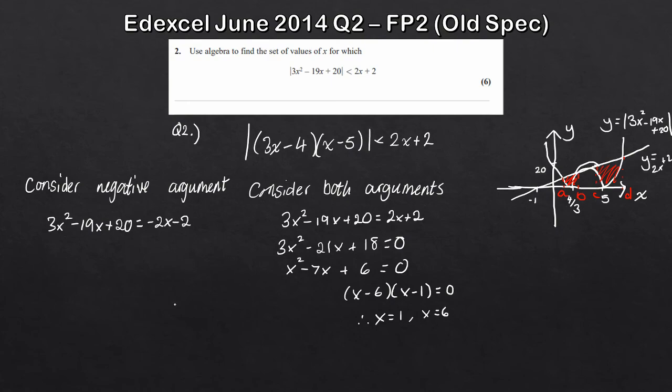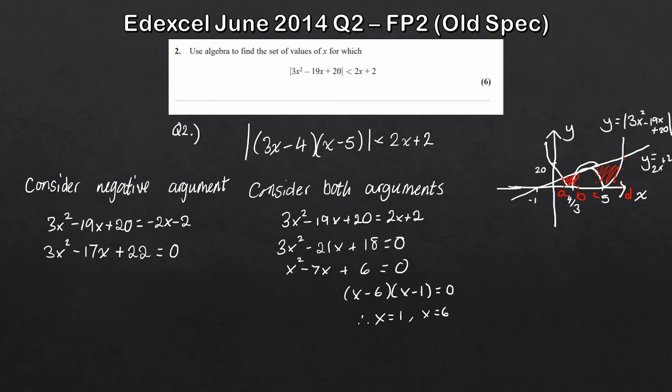Then at this stage, just solve it by setting it equal to 0, and hopefully factorising. So that's going to give us 3x squared minus 17x plus 22 this time, and this is equal to 0.